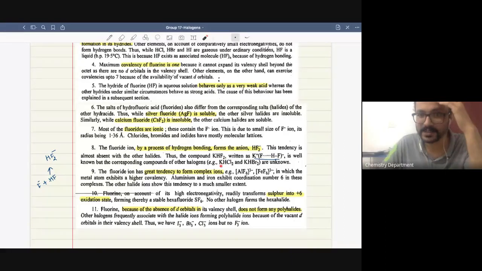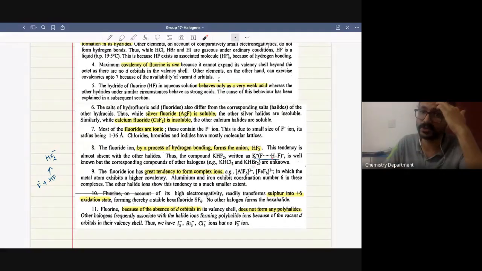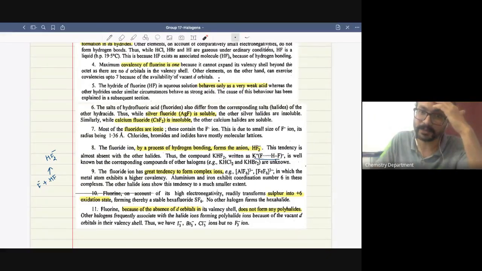But the corresponding KHCl2 or KHBr2 is unknown because similar hydrogen bonding is not possible in the case of chlorine or bromine. It's only possible in the case of the fluoride ion. So that is why you have the possibility of these kind of negatively charged anions.